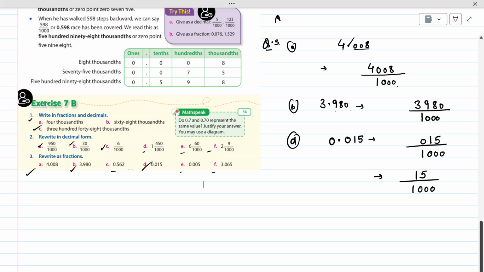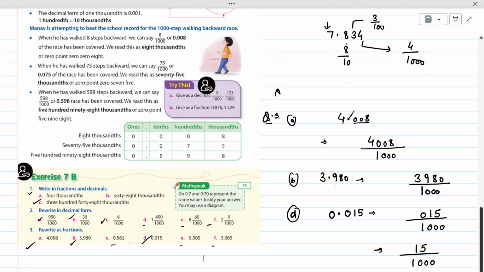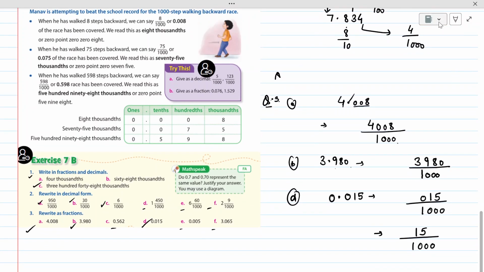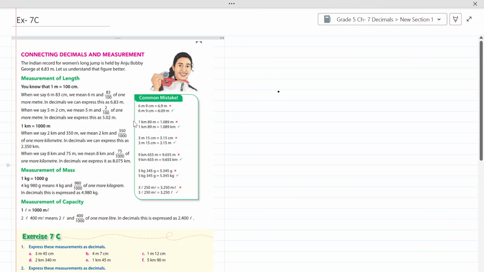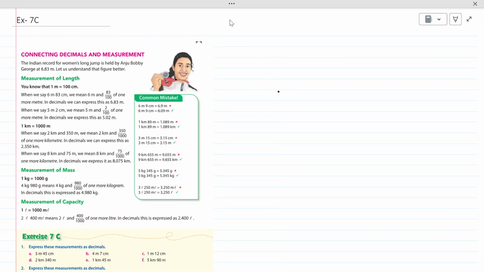Okay, so we have completed exercise 7b now, and now let's go to the next concept where we are connecting the decimals and measurements. So in today's class, let us understand how we have to do this. So kids, there are certain measurements which we have learned in our previous classes. I'm just writing them here, the different units of measurement.